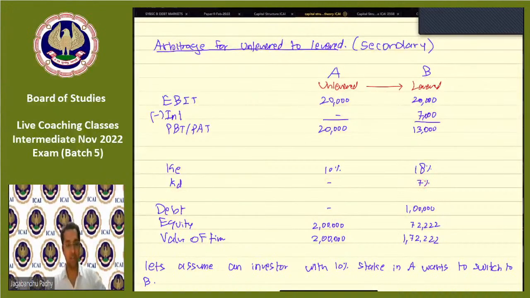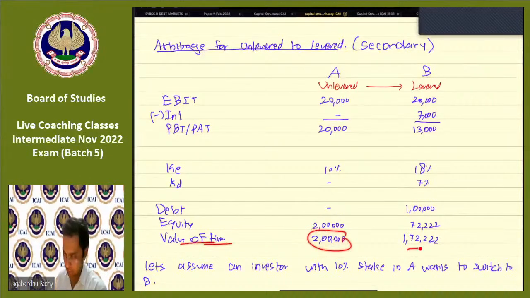Based on this, we compute the value of debt, which will be 7,000 upon 7%, that is 1 lakh. Equity is 72, and value of the firm will be 2 lakh.